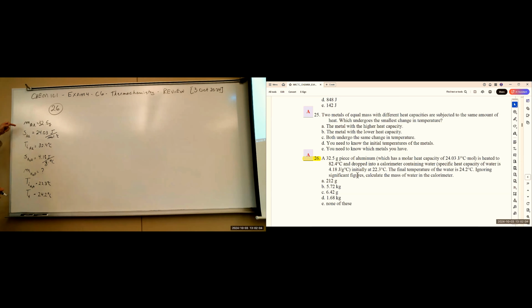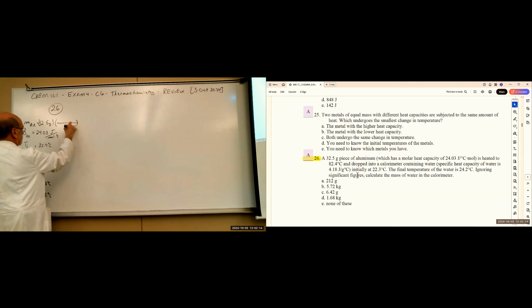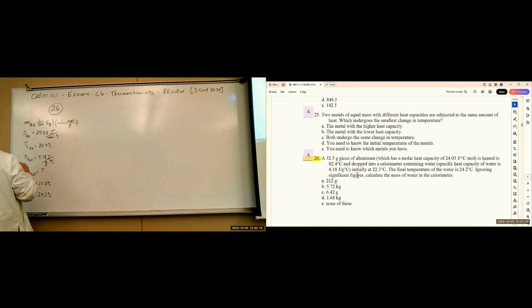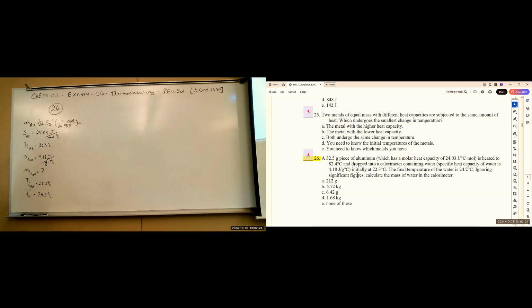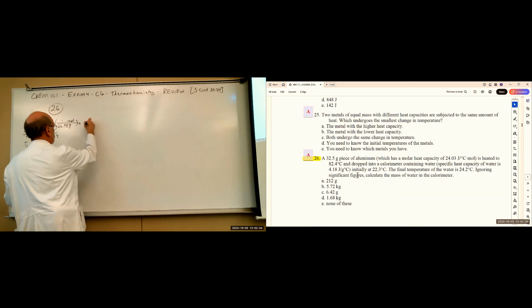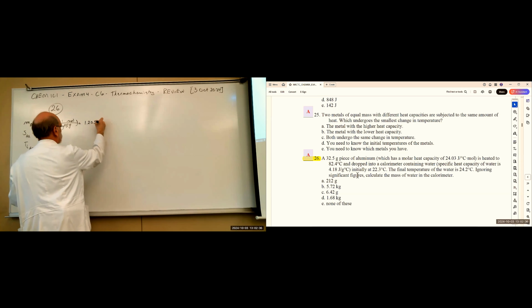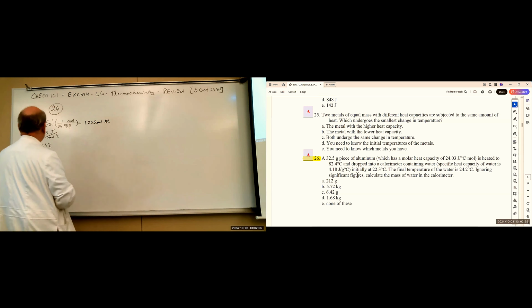We're going to need to know the number of moles of aluminum in order to use this value here. So we might as well go ahead and convert it. Aluminum, 26.98 grams per mole. So 32.5 divided by 26.98 is 1.205 moles of aluminum. Okay.